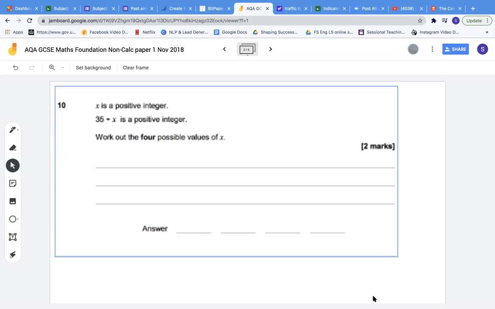Number 2, positive integers are fractions. Number 3, positive integers are whole numbers or fractions. Number 4, positive integers are decimals. Now, which one of those is the correct definition of an integer?